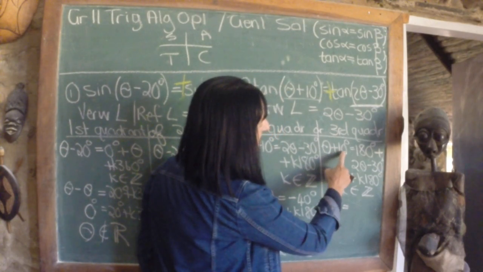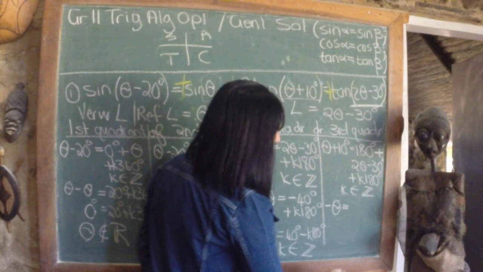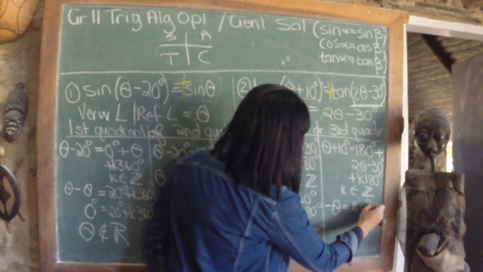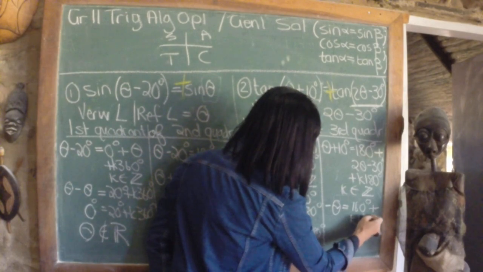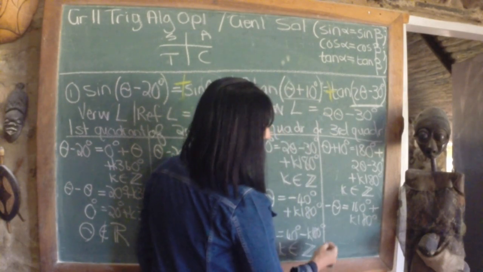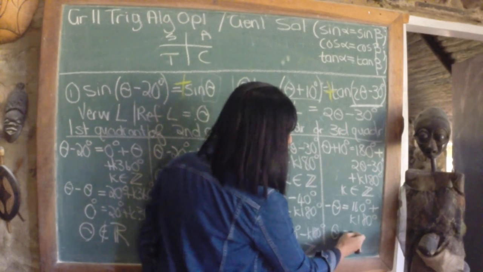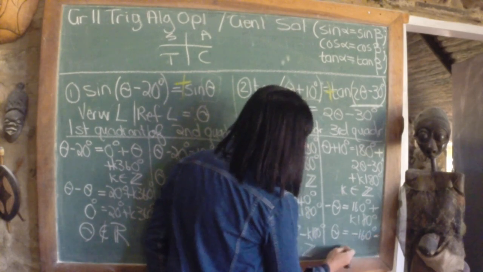En as ek die plus 10 oorvat, word dit min 10. So dis 160 plus k mal 180.